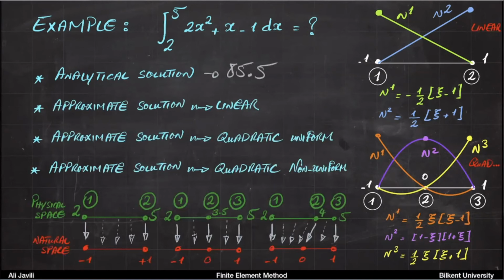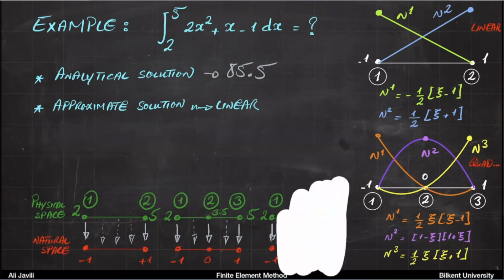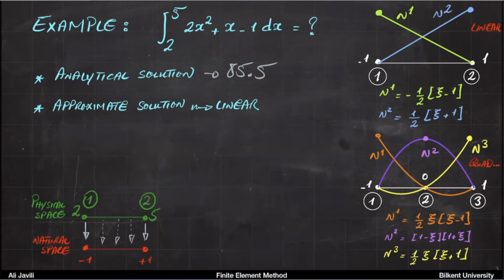Now we know the analytical solution is 85.5. What we want to do is to do this first using a linear approximation. So I'm going to remove what is not necessary. We do this transformation that you see down there. Remember what we did: you want to change the coordinates. You want to write x as a function of c, and you do that by saying n1 x1 plus n2 x2, and n1 and n2 are exactly what you have here.